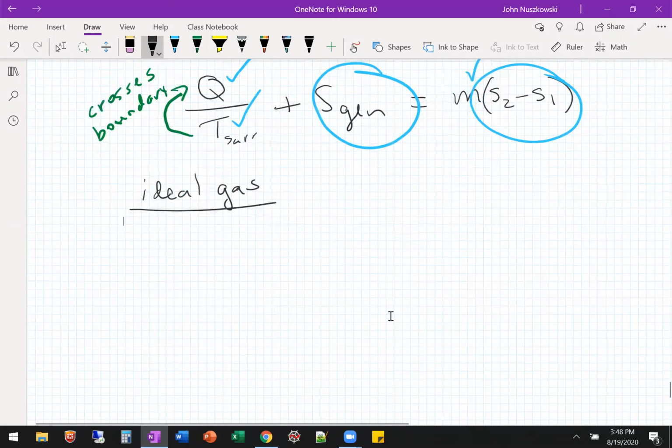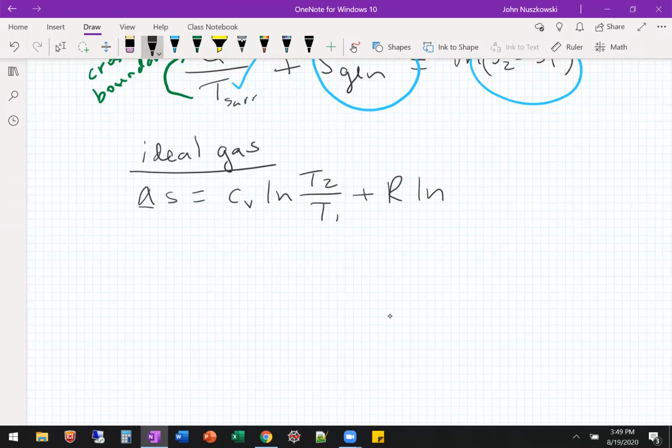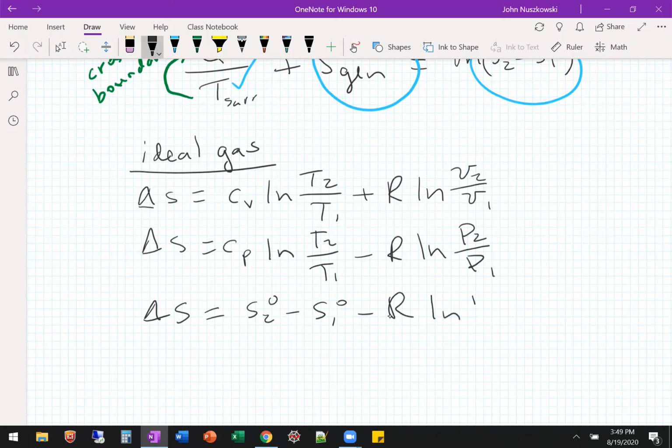And if we go to our equation sheet, in chapter 7, we derived 3 equations for the delta S. Okay, and the third one, all right, so the first 2 are constant specific heats.